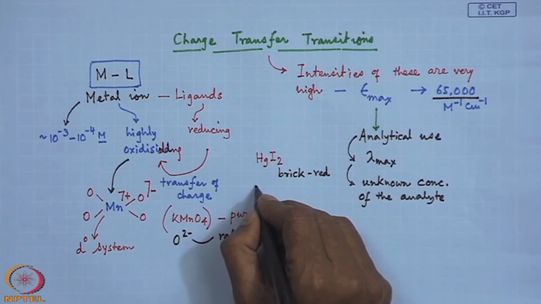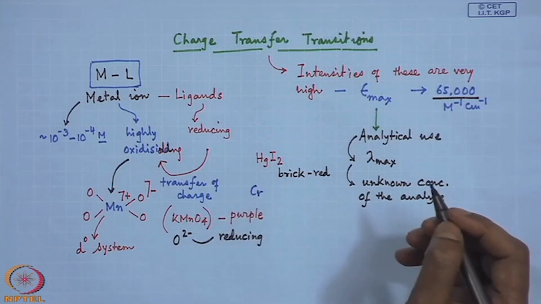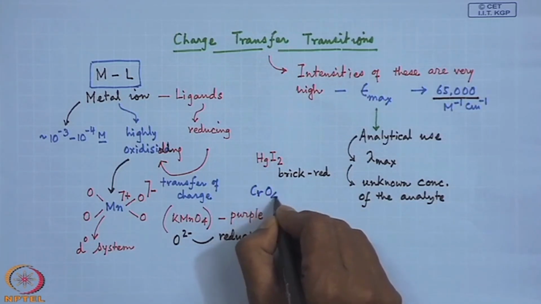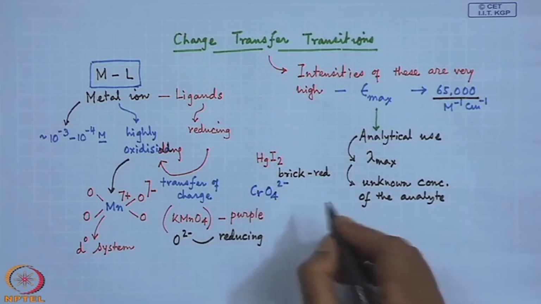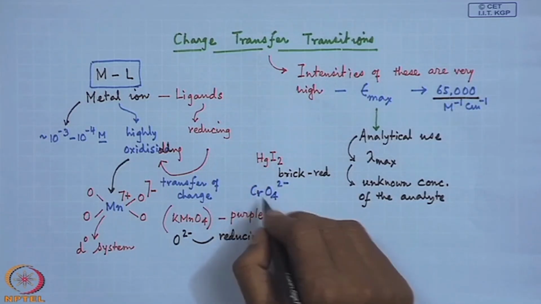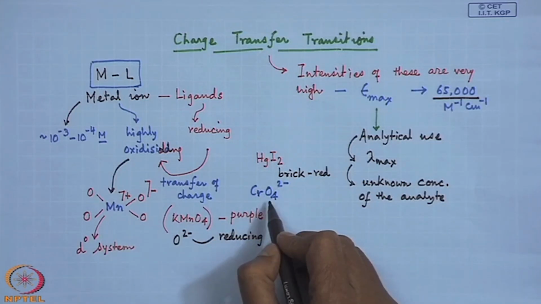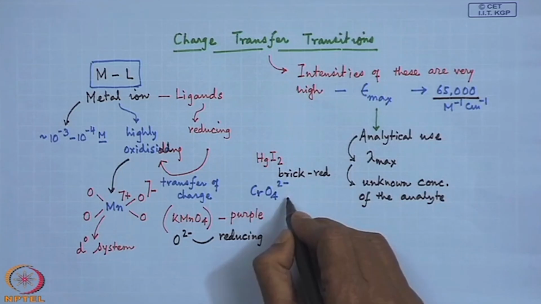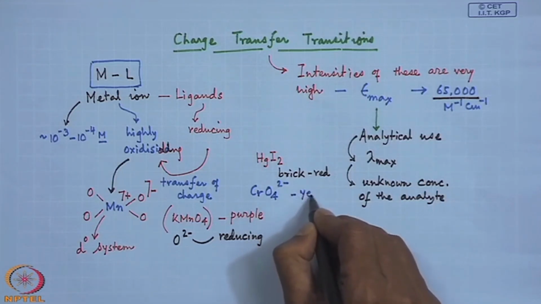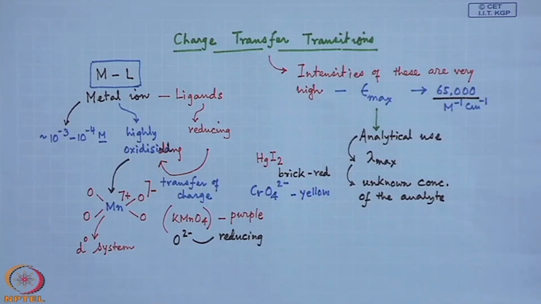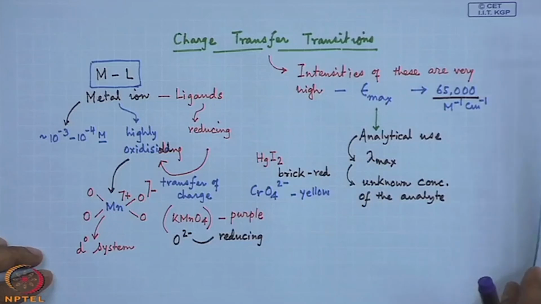center and the ligand. Similarly, chromium in its +6 oxidation state, that means in chromate, CrO4 2 minus, like potassium permanganate, is surrounded by oxygen atoms, and this is also yellow in color. So, we see that in all these cases the metal ions do not possess any d electrons.